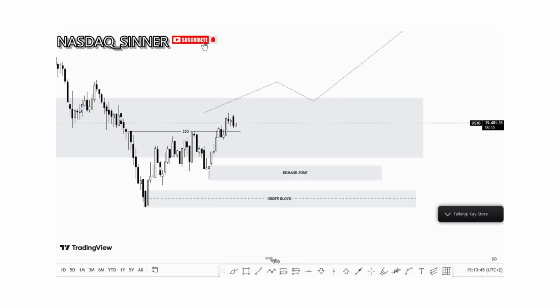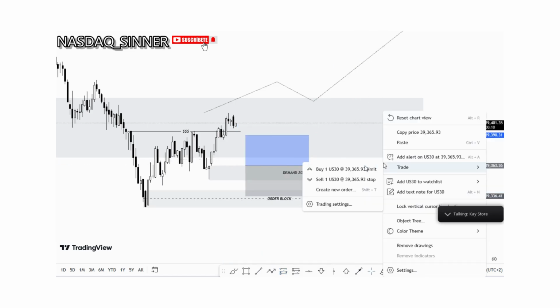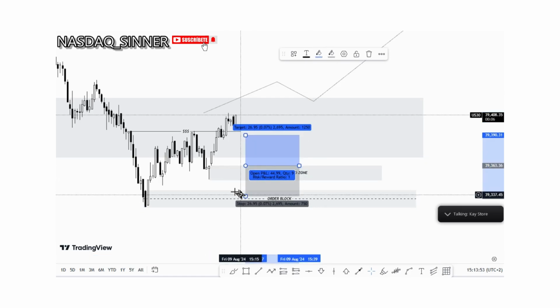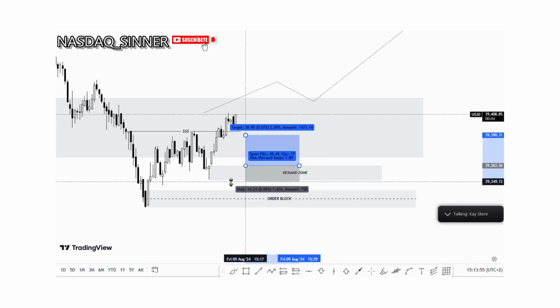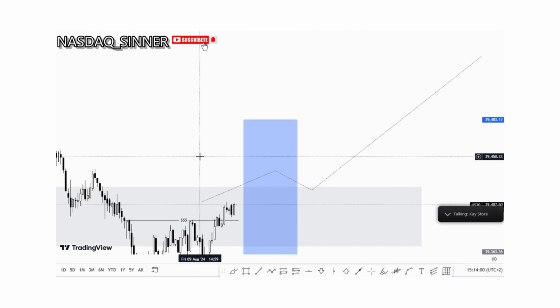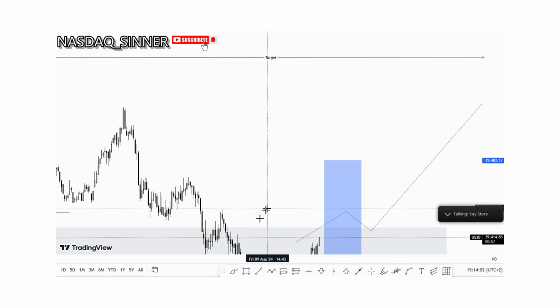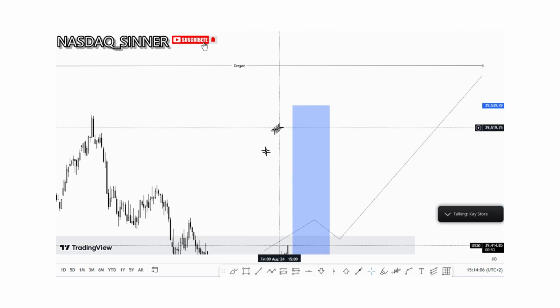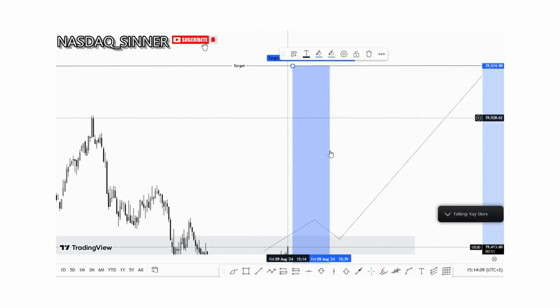So we can consider taking our buying opportunities at this point over here, and then we wait for it to push to the top side, and put our SL over here below this order block. Then we target that high at the top side over there, which is gonna be risk free for us, as you could see. And here we can say our take profit is right over there.